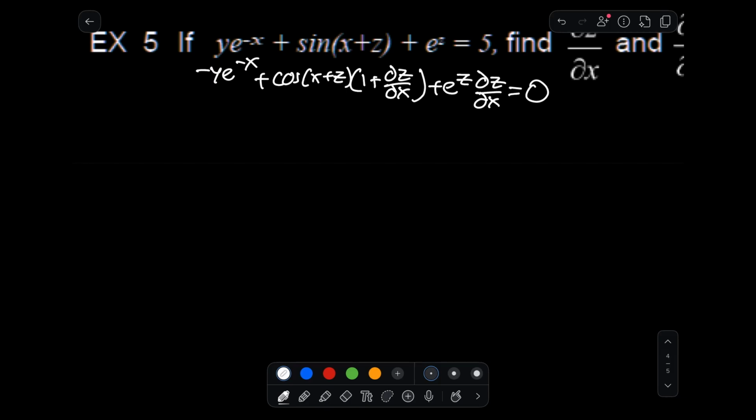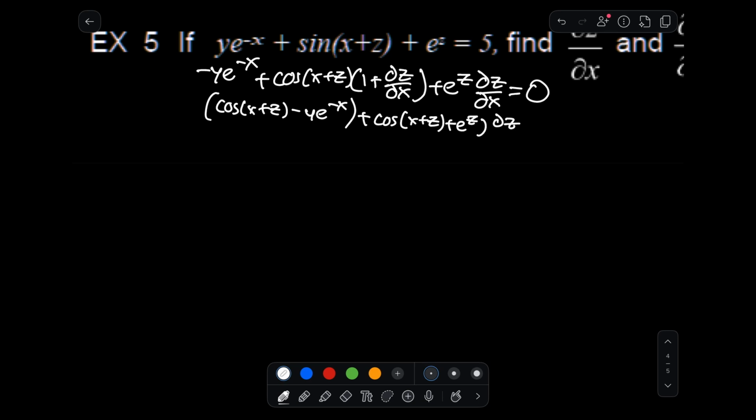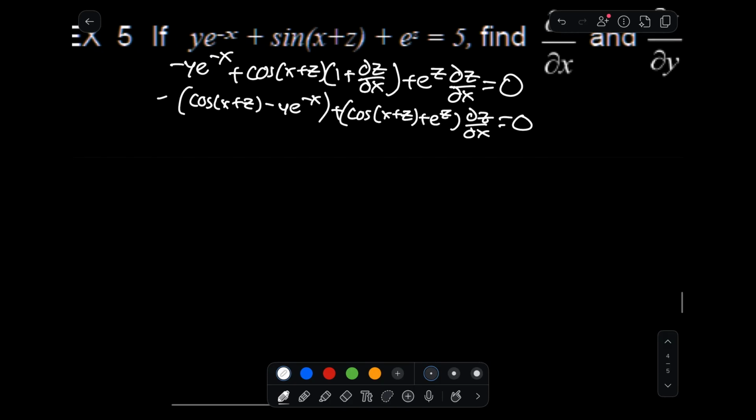And let's just isolate for everything that we know. So we have cosine x plus z minus y e to the negative x. And then we have plus cosine x plus z plus e to the z del x equals 0. And we can subtract this whole quantity over.